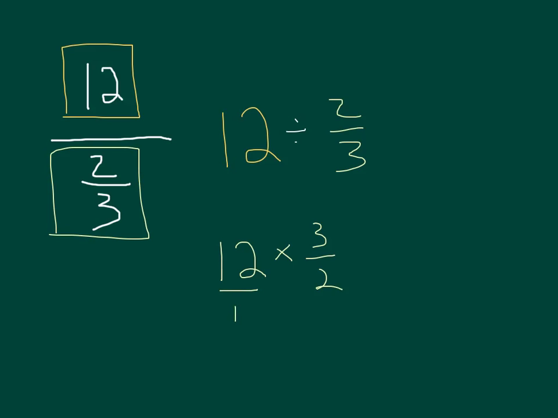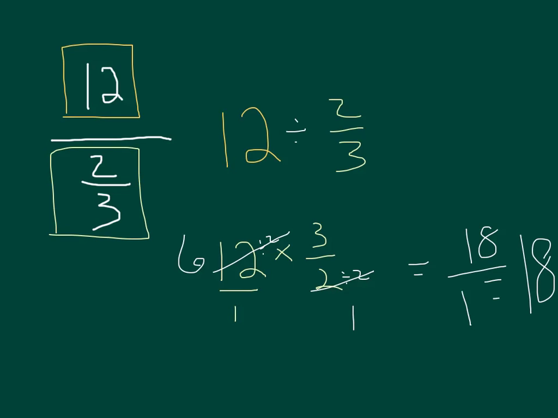I can't cross-reduce 1 and 3 because 1 is in its simplest form. Let's look at 12 and 2. They're both even, so 2 is the common factor. I divide by 2 and 2: this becomes 1 and this becomes 6. Now I have 6 times 3 over 1 times 1. 6 times 3 is 18, 1 times 1 is 1, and that's all equal to 18.